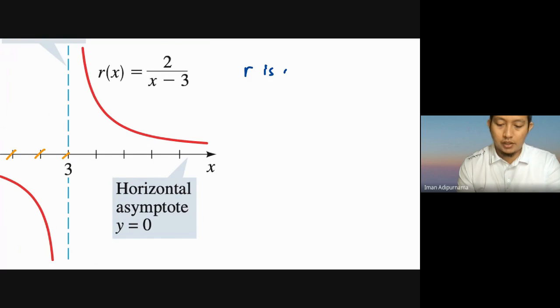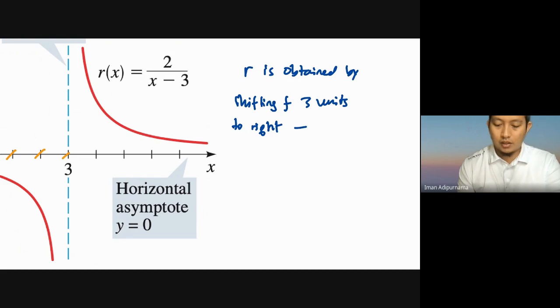R is obtained by shifting f 3 units to right and stretching vertically by a factor of 2.